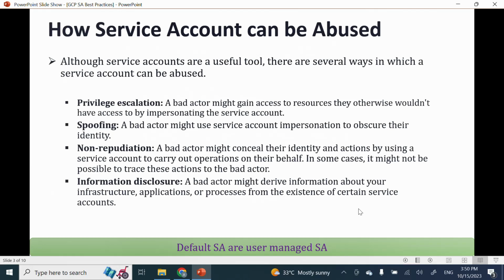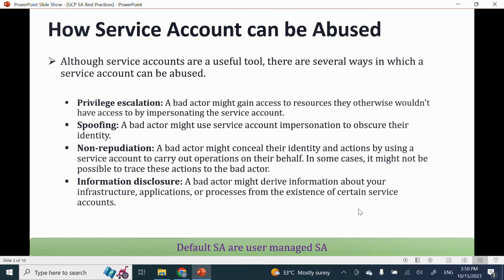Spoofing. A bad actor might use service account impersonation to obscure their identity. Non-repudiation. A bad actor might conceal their identity and actions by using a service account to carry out operations on their behalf. In some cases, it might not be possible to trace these actions to the bad actor.